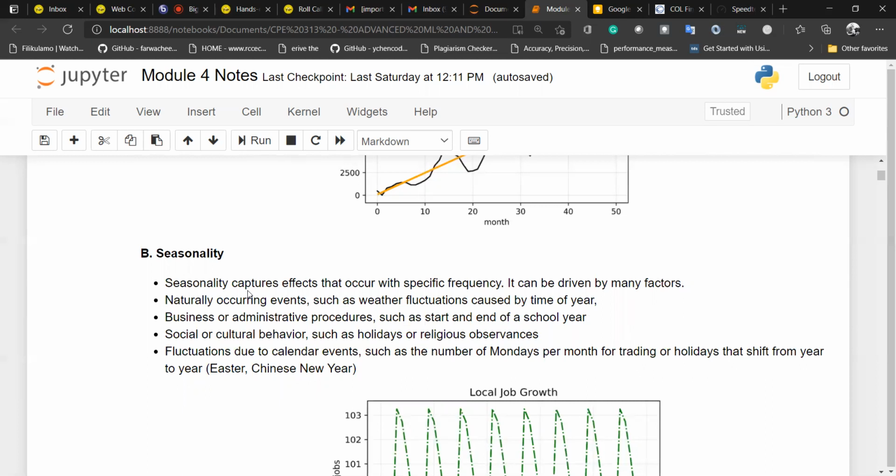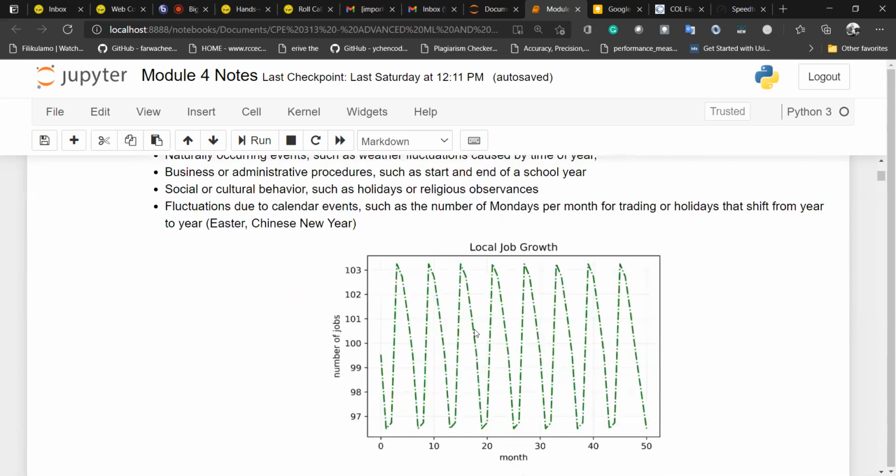So what is seasonality? It captures the effects that happen with specific frequency. Like in this case, you can see the seasonality here per month in terms of the number of jobs.